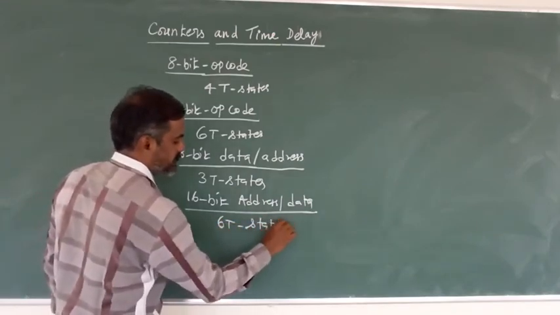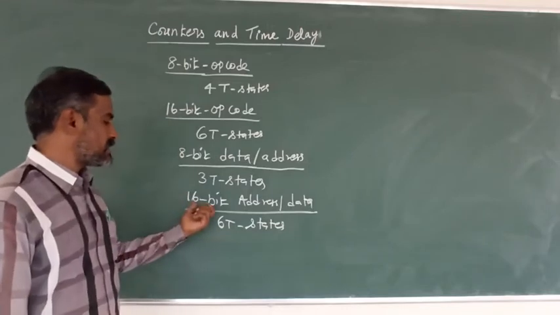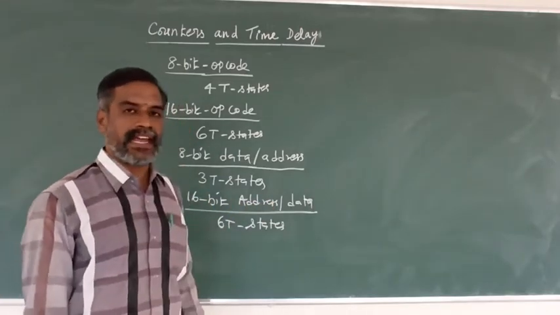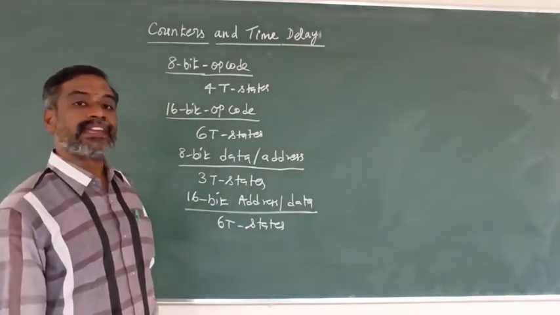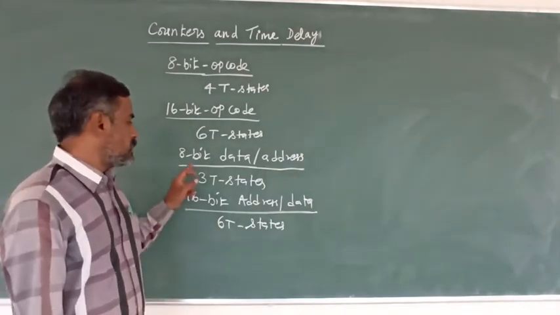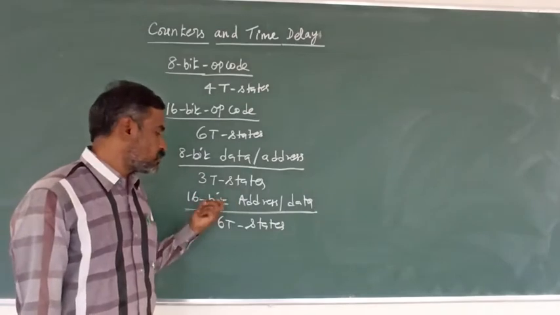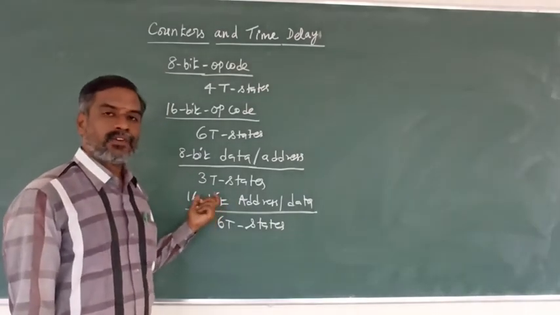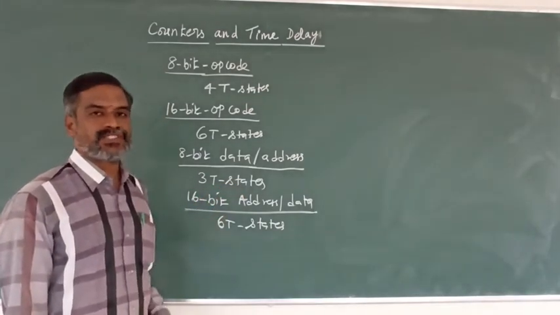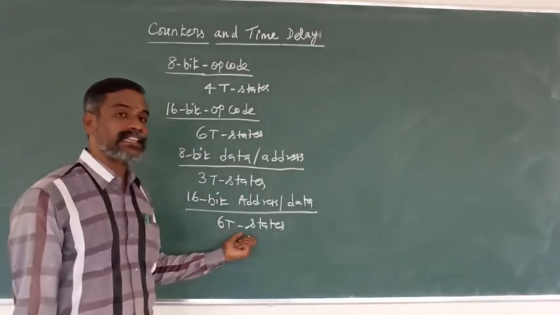The 16-bit address or 16-bit data consists of two 8-bit parts, so one 8-bit requires 3 T states, and the two 8-bit equal to 16-bit require 6 T states.